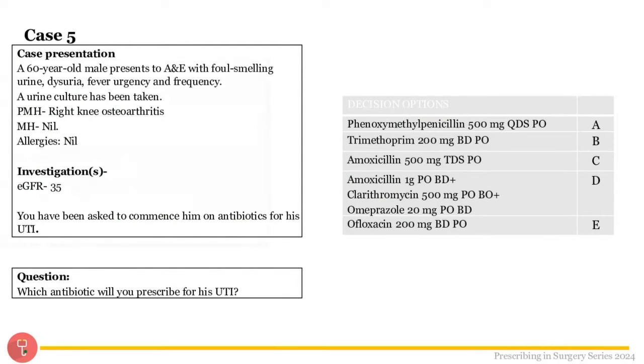You have been asked to commence him on antibiotics for his UTI. And so the question is, which antibiotic will you prescribe for his UTI? Just release the poll into the chat.